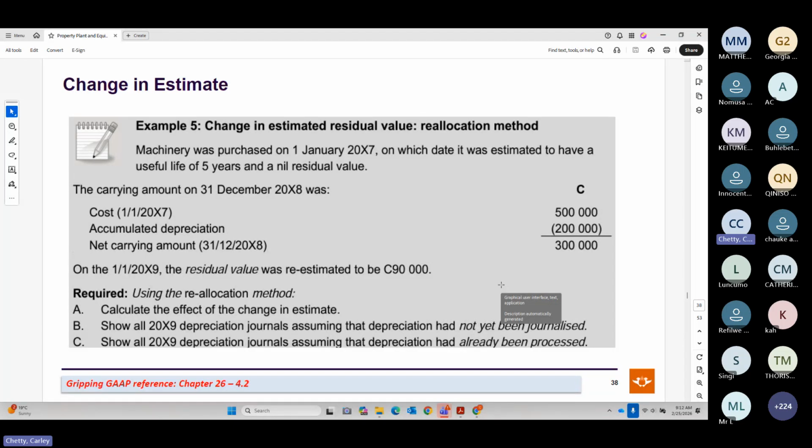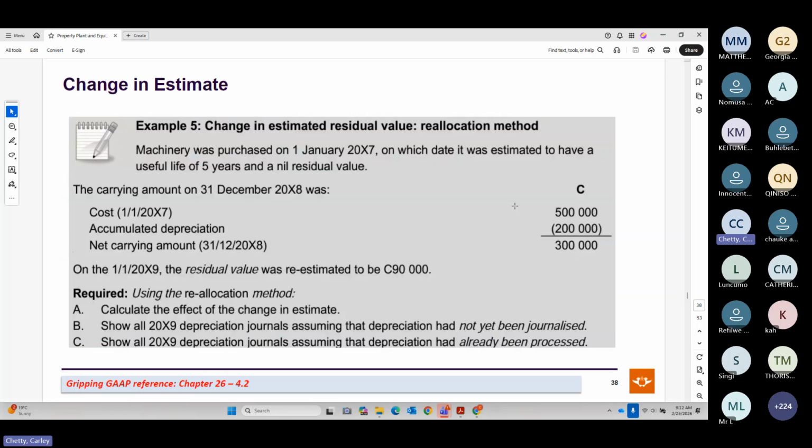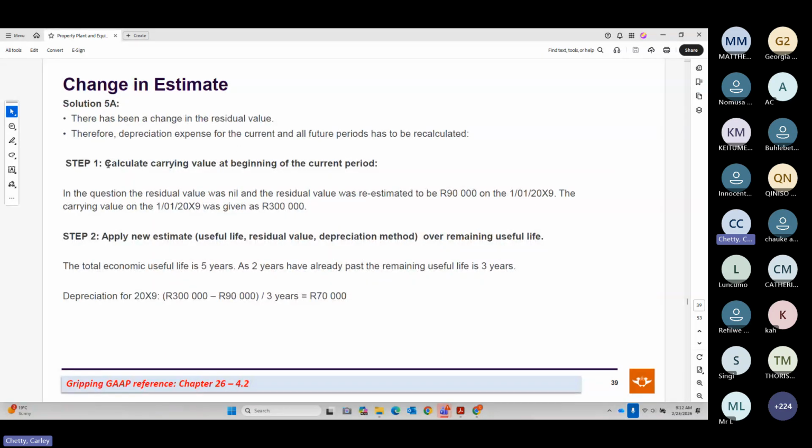So let's have a look at part A. So here we're going to work out what the effects of the change in the estimates on the depreciation are. So there has been a change in the residual value. So this means that the depreciation expense for the current and all future periods has to be recalculated.